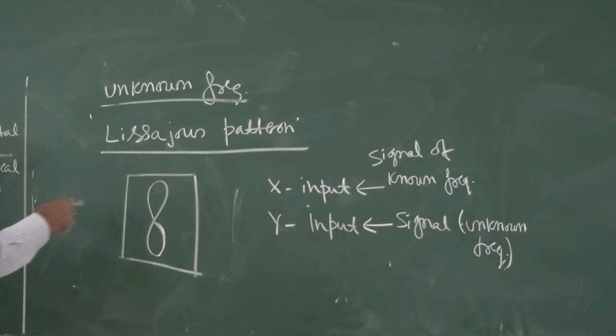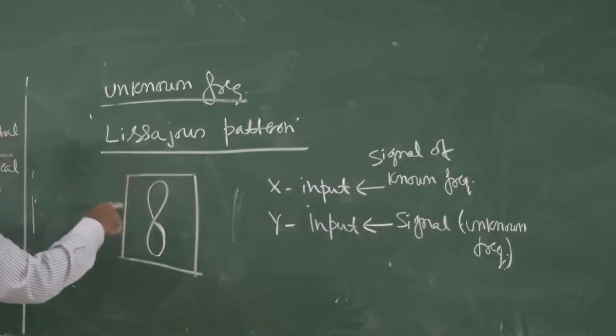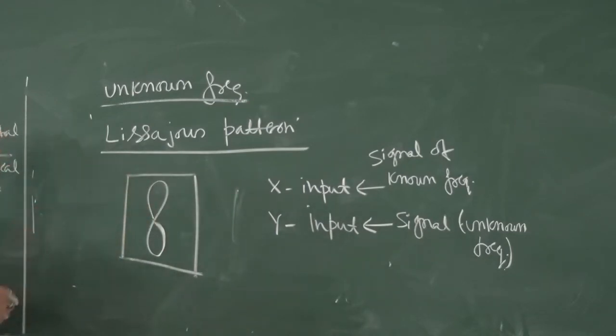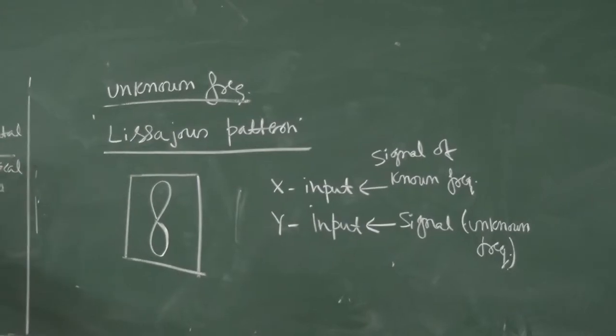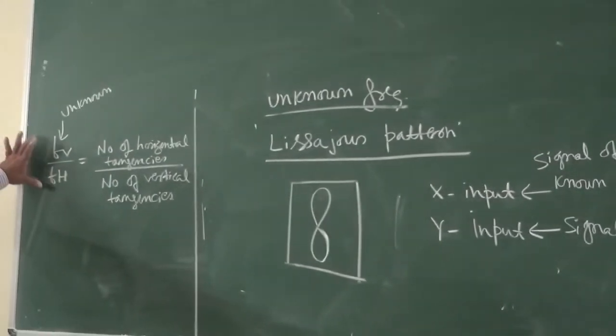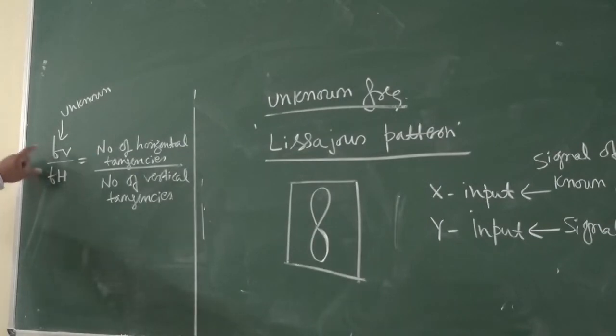So how can we calculate the unknown frequency by using the Lissajous pattern? We can calculate it by using this formula, FV by FH.